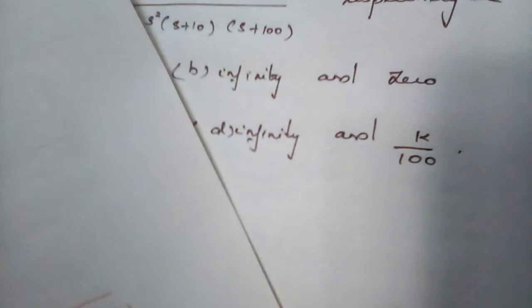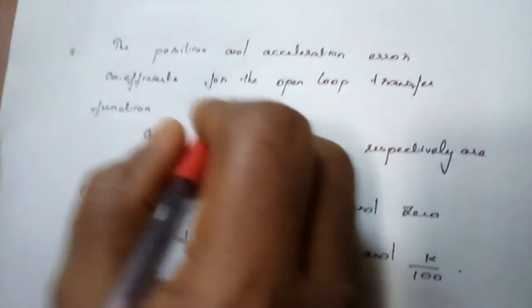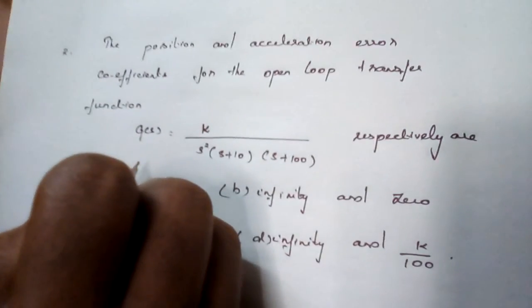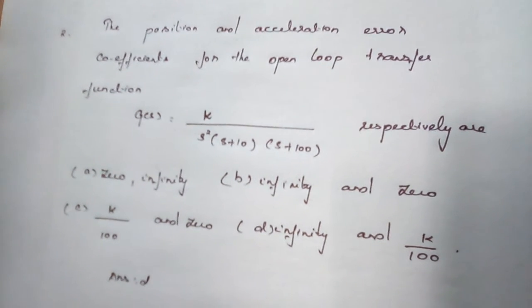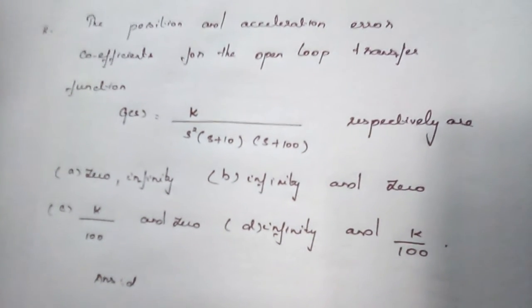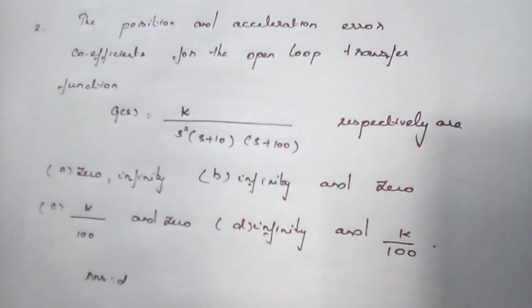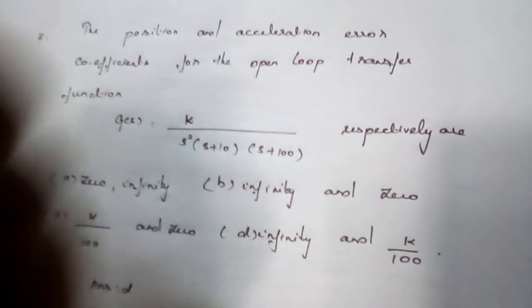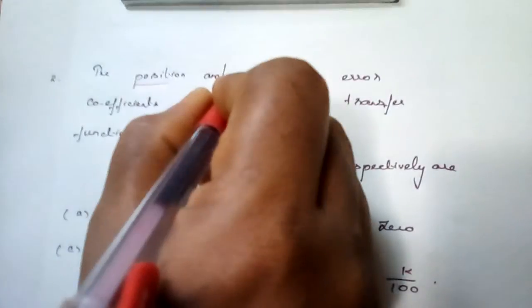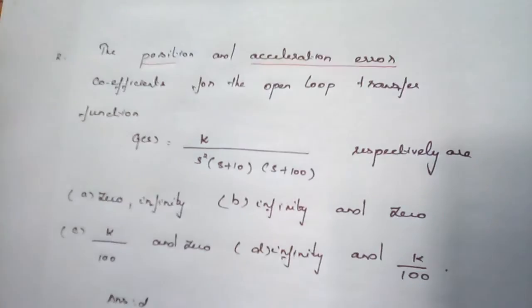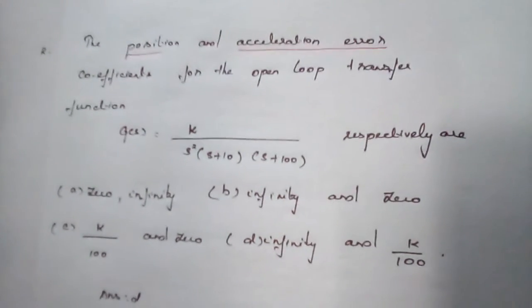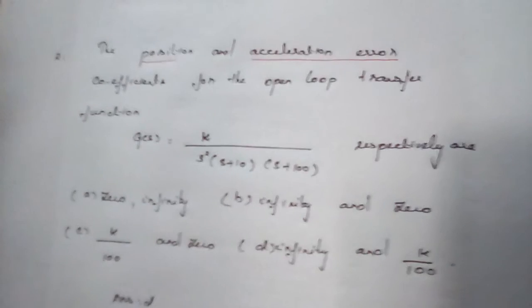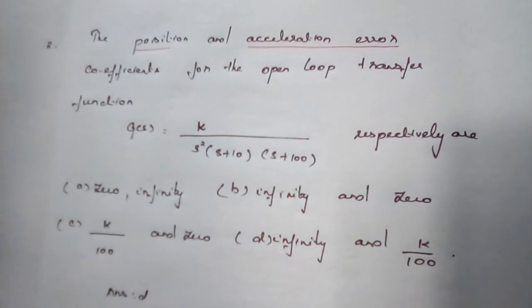And for question 2, the positional and acceleration error coefficients for the open loop transfer function G(s) is equal to K divided by s square into s plus 10 into s plus 100 respectively are. So this is the equation, and we need to find out the positional and acceleration error. Okay, so by seeing the question itself, we are able to see that only the acceleration error exists and there is no positional error.